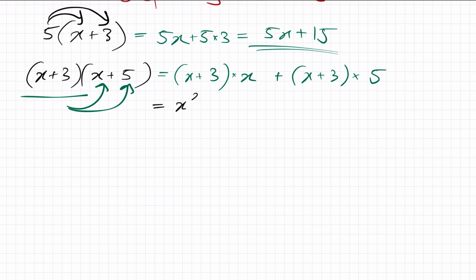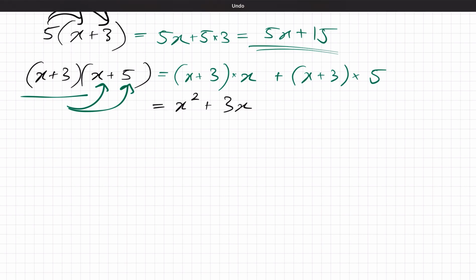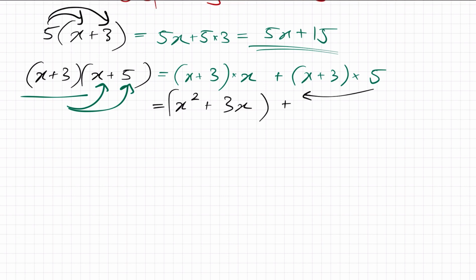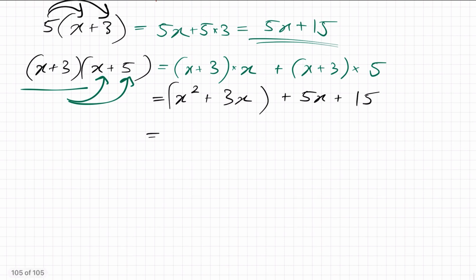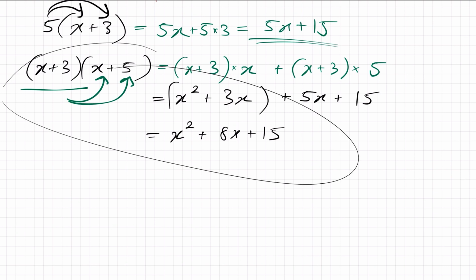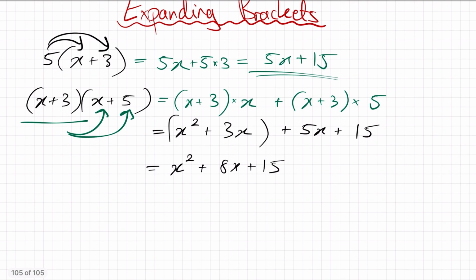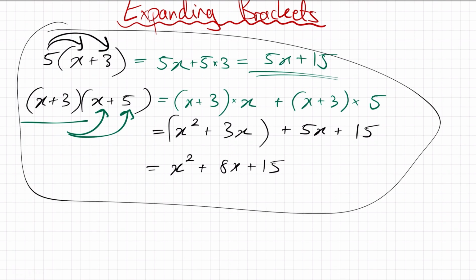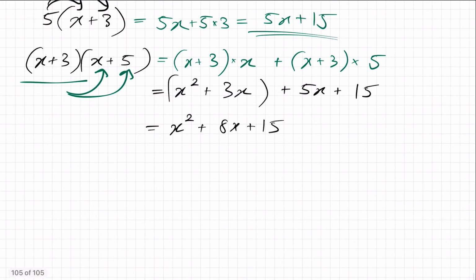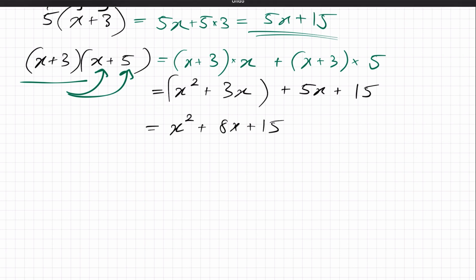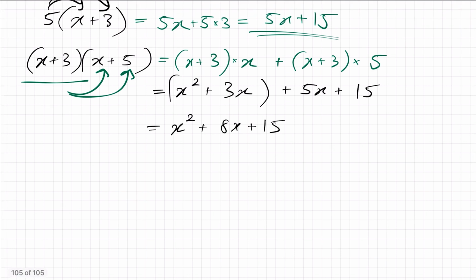So this is going to become x squared plus 3x as the first bracket, plus this times this, which is just going to be 5x plus 15. And all together, when we simplify, you get x squared plus 8x plus 15. So that was a way of thinking about it. To be more specific, this is known as the distributive property, and I'm going to show how thinking about it in this way is really useful because it lets us move on to even higher dimensions.